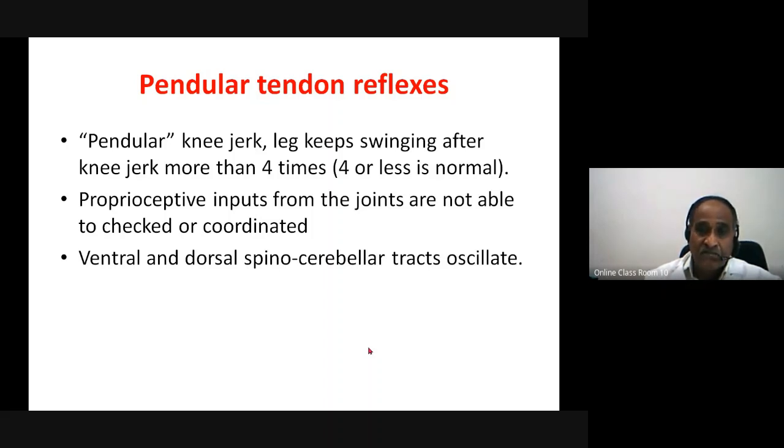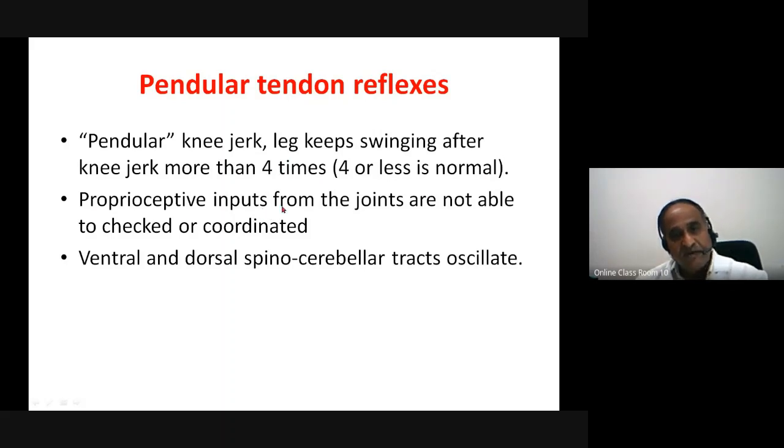In case of cerebellar diseases, this happens more than 4 times. So that means it oscillates in the directions. Usually 4 or less than 4 is considered normal. More than 4 is abnormal.